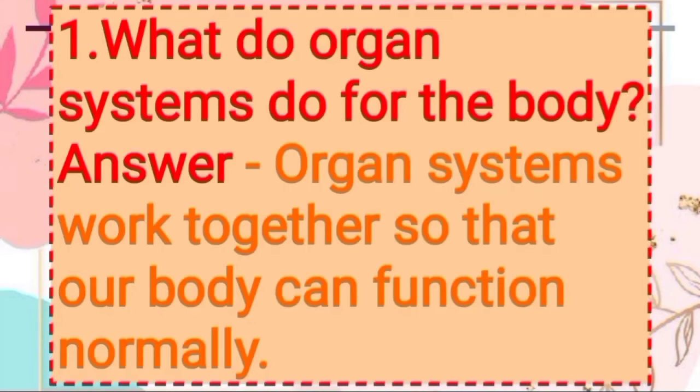First question, what do organ systems do for the body? Answer, organ systems work together so that our body can function normally. So as you know, our body is made up of many organ systems, and these organ systems work together so that our body can function normally.